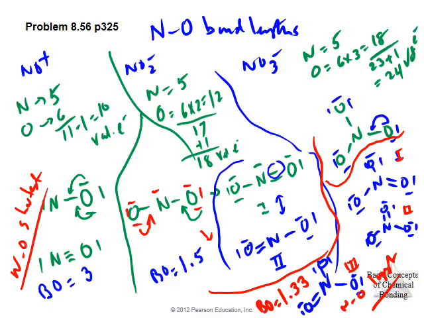If I organize from smallest to largest, you can write it like this. NO plus will be the shortest. Let me use this sign. This is bond lengthwise. NO3 minus would be the longest.